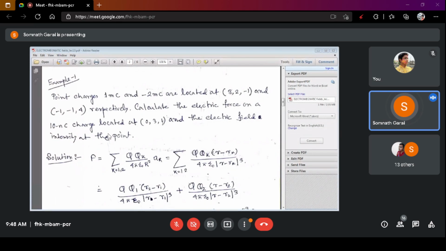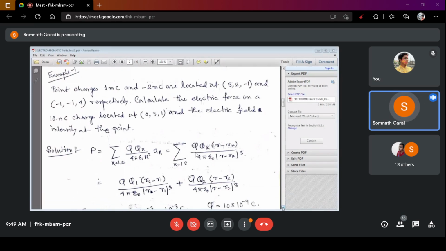First we calculate the force of these point charges: one is located at 3, 2, minus 1, another is located at minus 1, minus 1, 4. The force you have to calculate is with respect to another point charge, that is 10 nanocoulomb, which is located at 0, 3, 1.